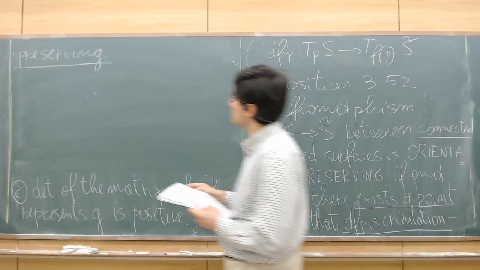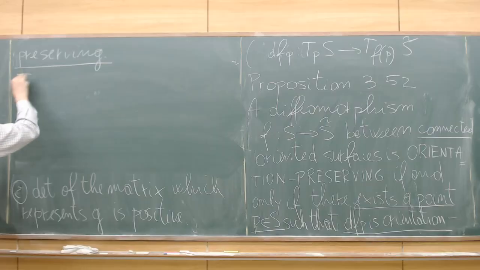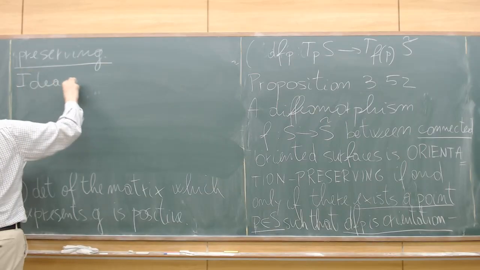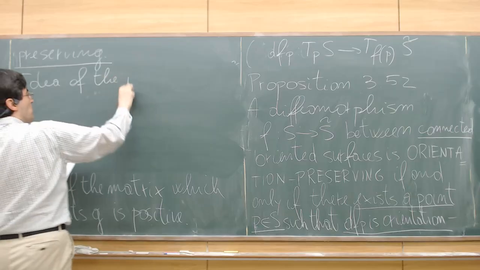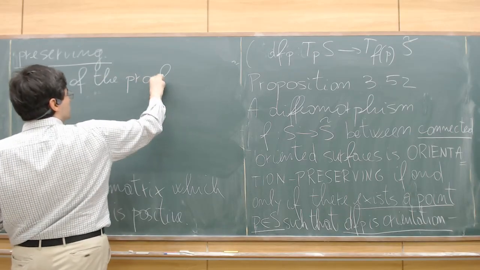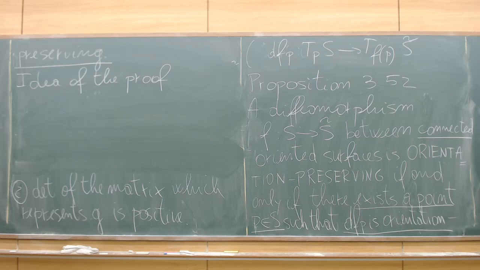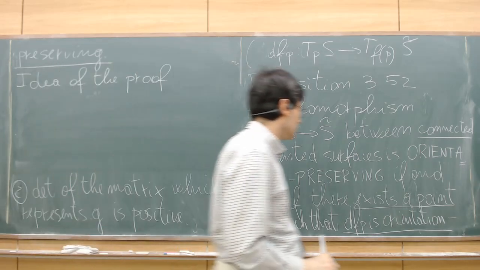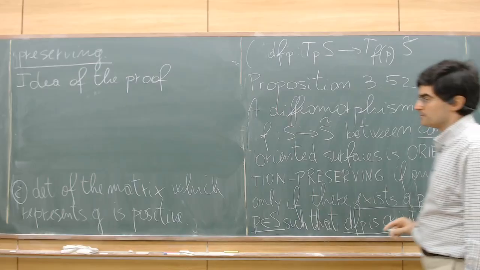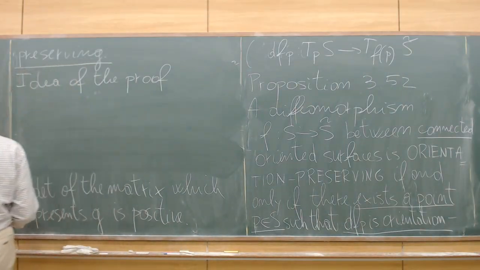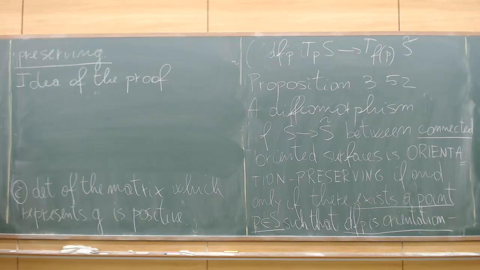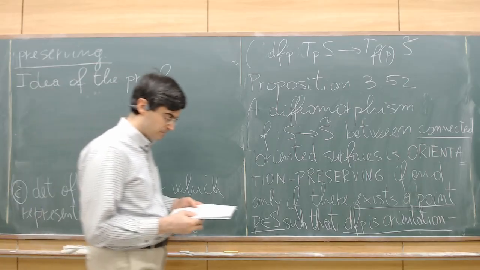Let's try to write down the idea of the proof. The idea of the proof is based on part 2 of the definition 3.41, that is the definition of orientation preserving linear isomorphisms.